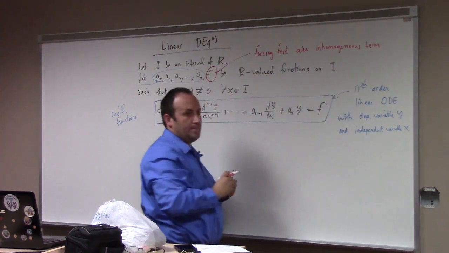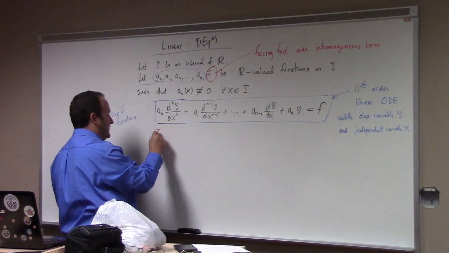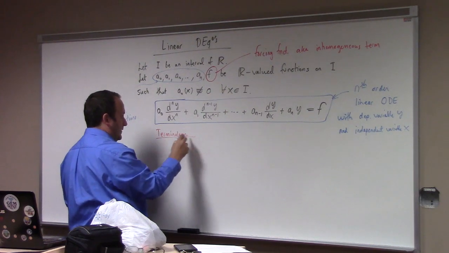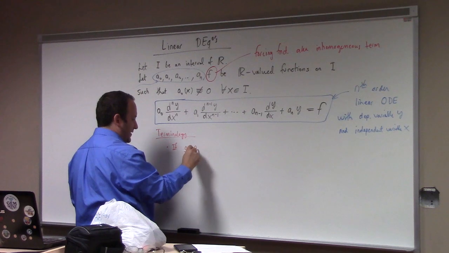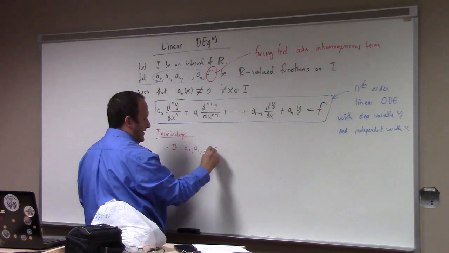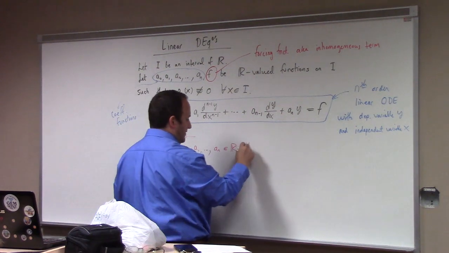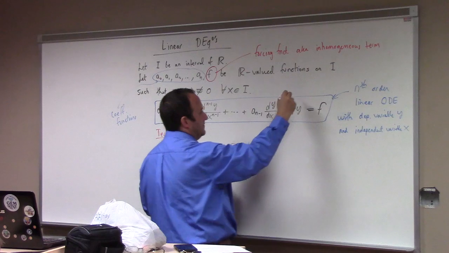All right. Some further terminology, okay? If a0, a1, through an are just real numbers, then I need to give this thing a name. Let us call it star.